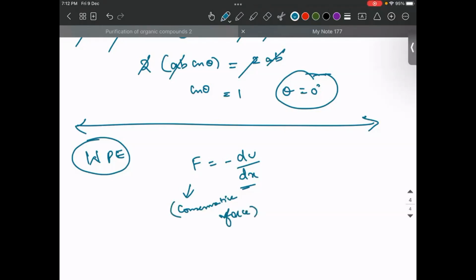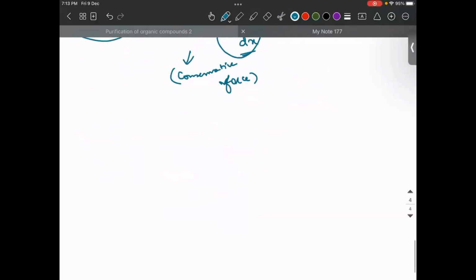It is derived like, see, when you talk about a conservative force, the work done by the conservative force will get stored in the form of potential energy.